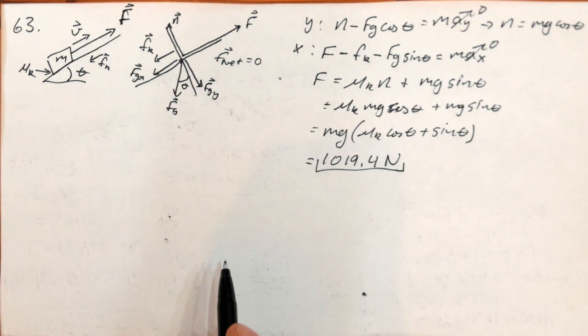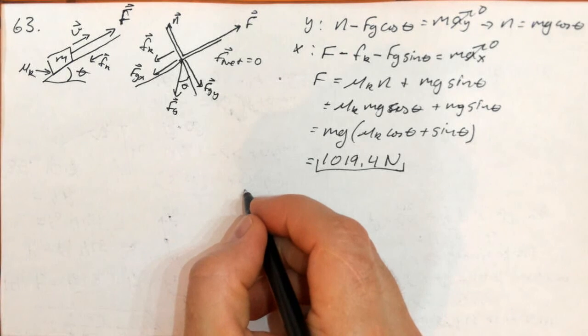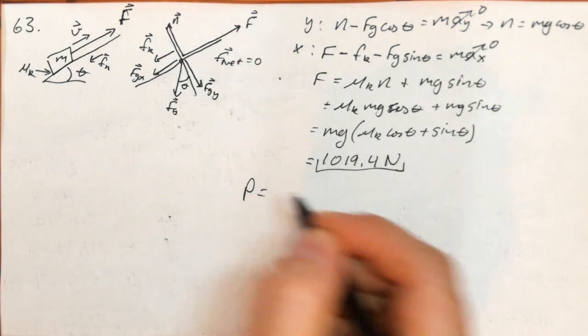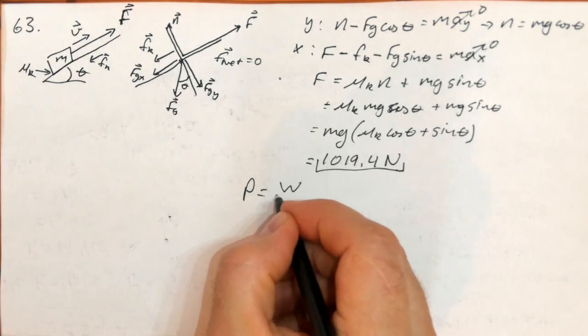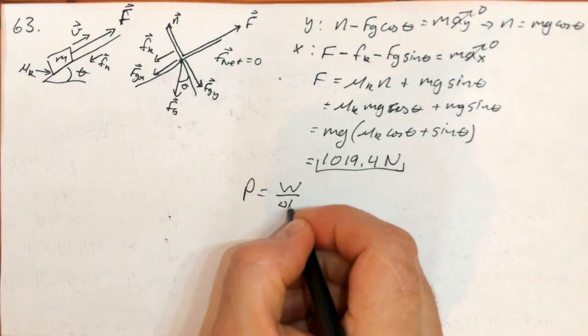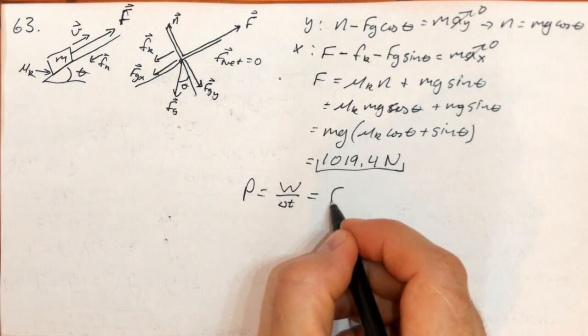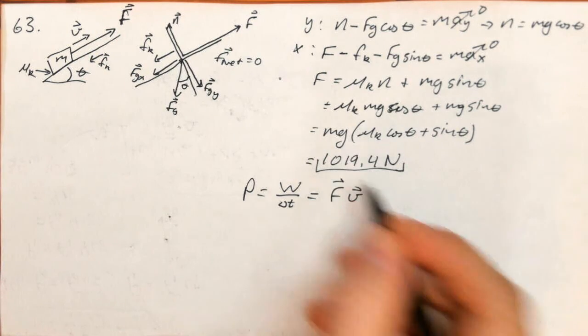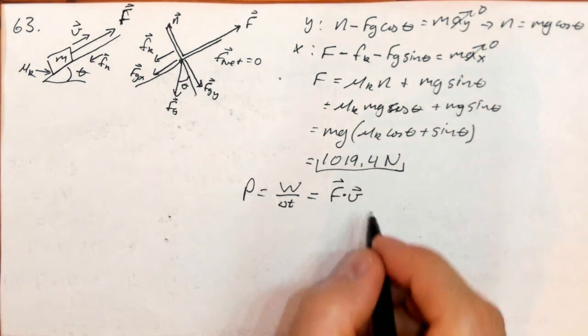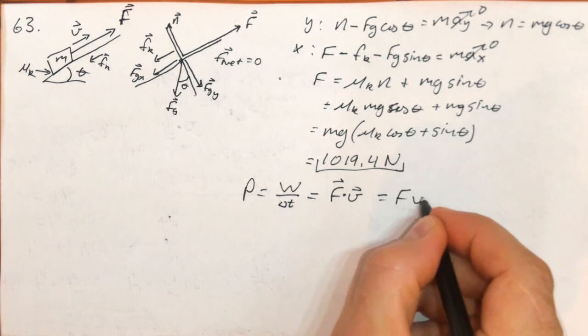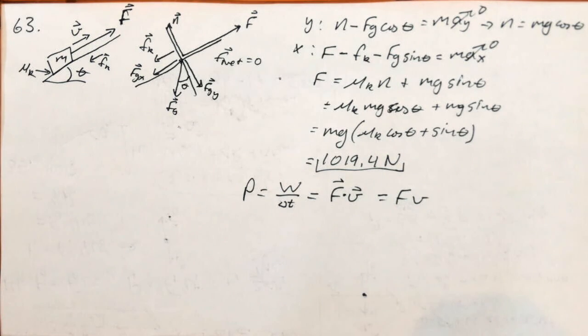And our final question is power. What is the power of this tractor pulling up that bale? So power is defined as work divided by time. But we also showed that you can write it as force times velocity, dotted. In this case, they're in the same direction, so it's just force times velocity.